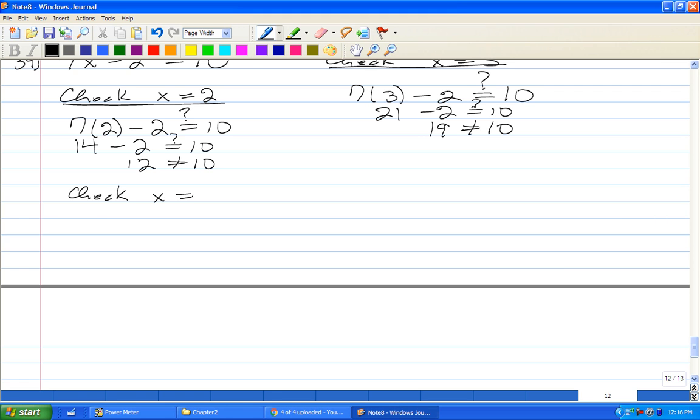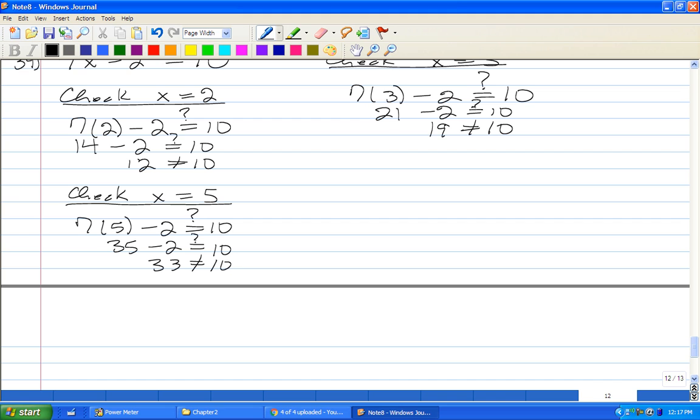Let's check if x equaling 5 is a solution. Let's see, 7 times 5 minus 2, is that equal to 10? 35 minus 2, is that equal to 10? No, 33 is not equal to 10.